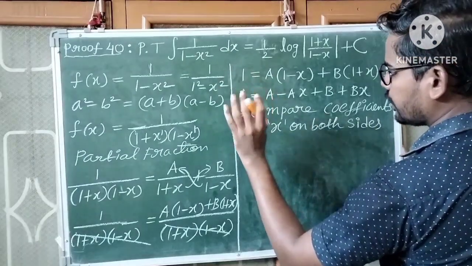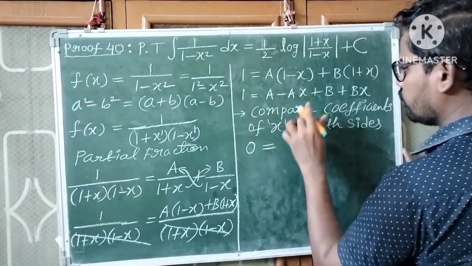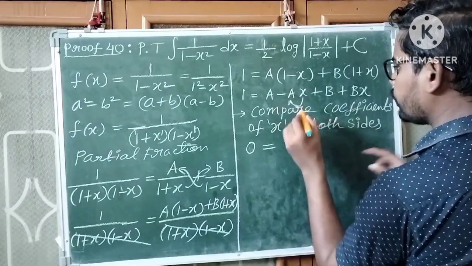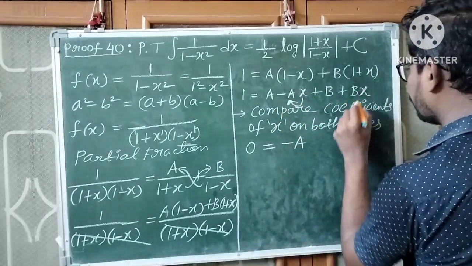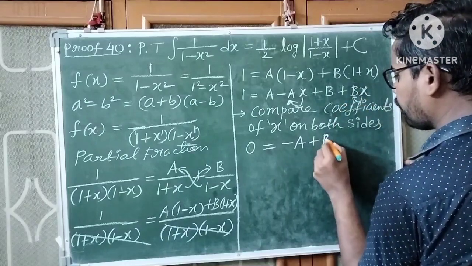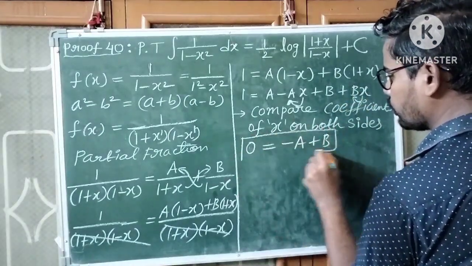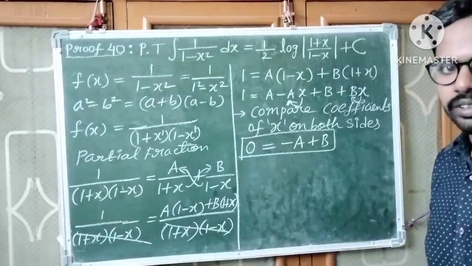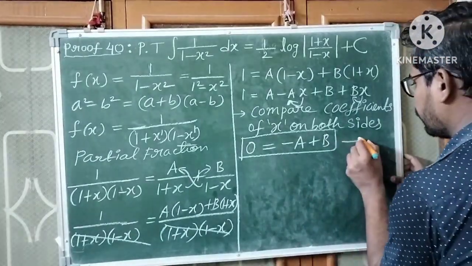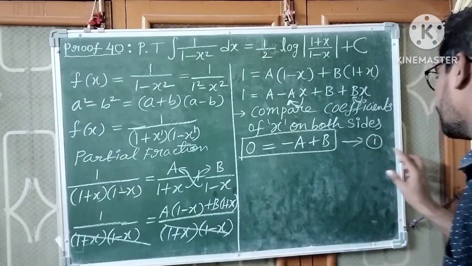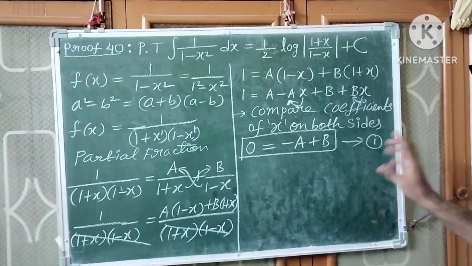Here there is no x term, so 0 is equal to... what is the coefficient of x? Minus a. Here the coefficient of x is b. So minus a plus b is equal to 0. By comparing coefficients of x, we have got this equation. Let us name it equation number 1.